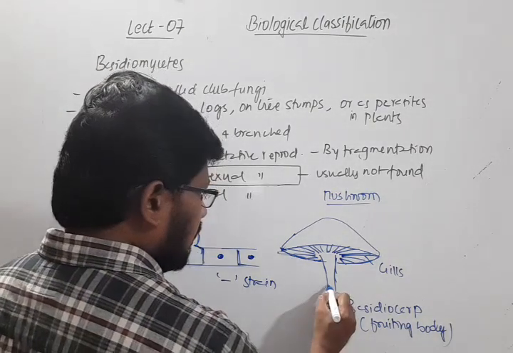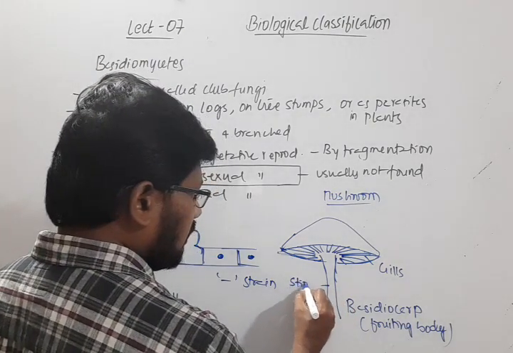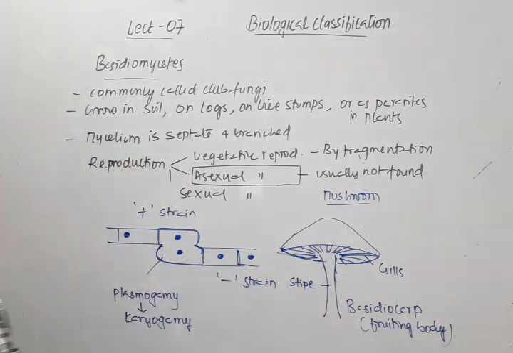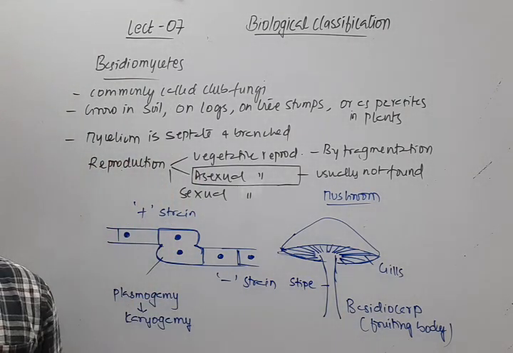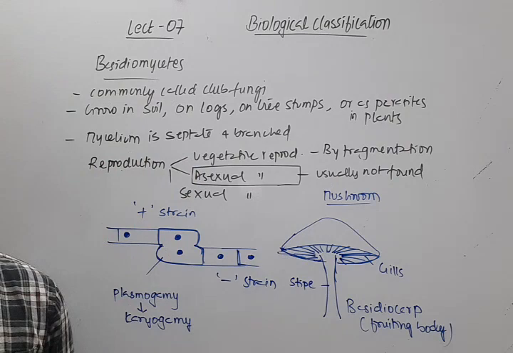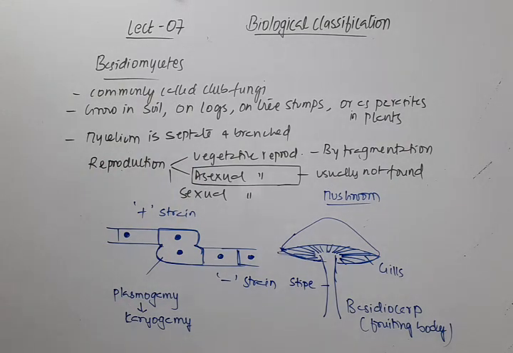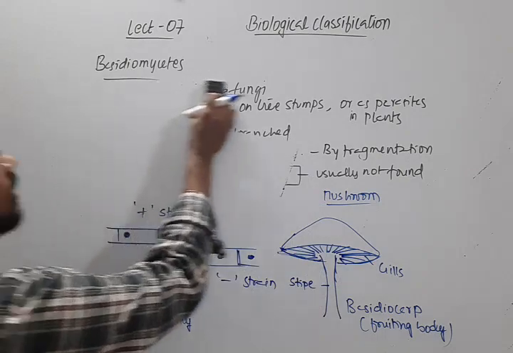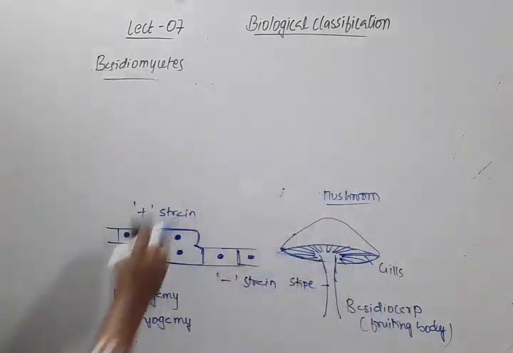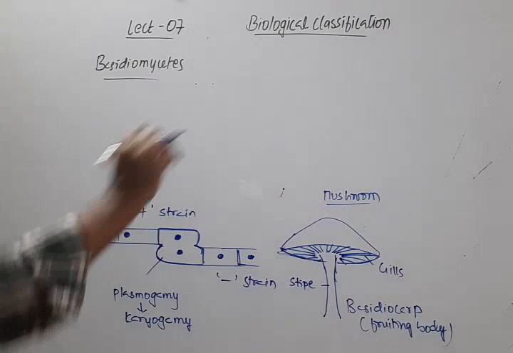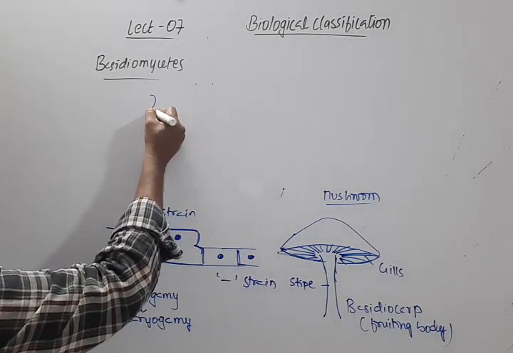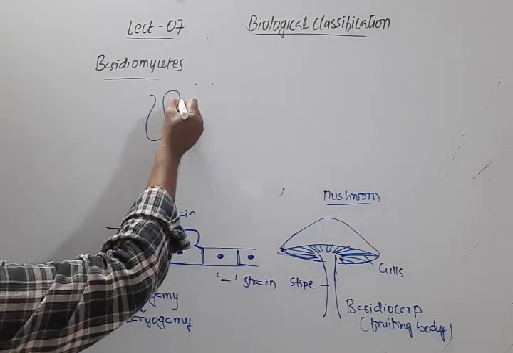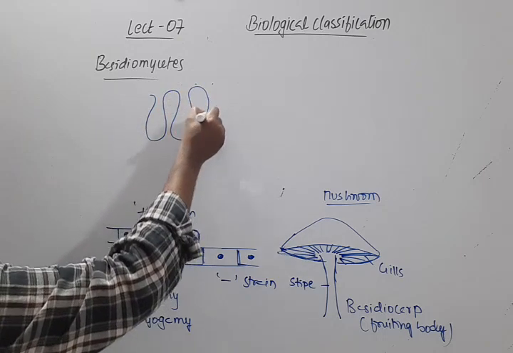Here there is a structure called stipe. Now when we look at the gills, we find inside structures like this.